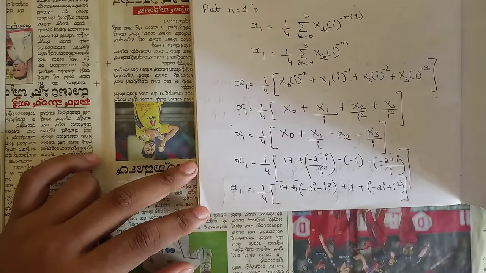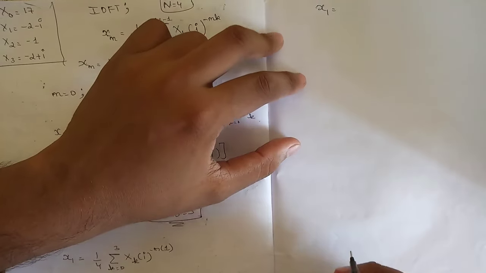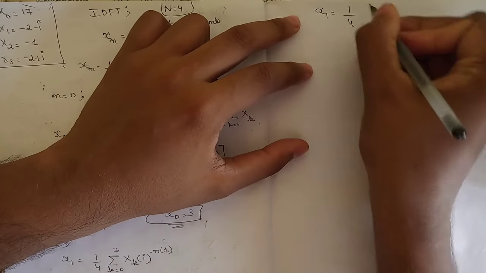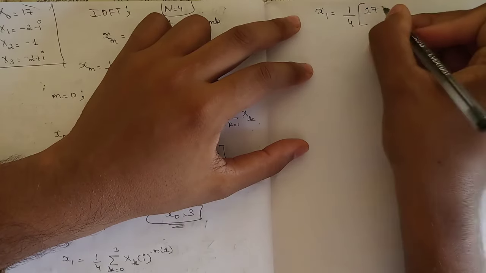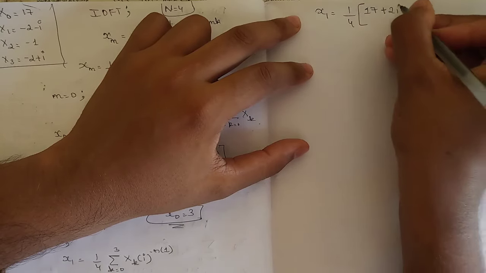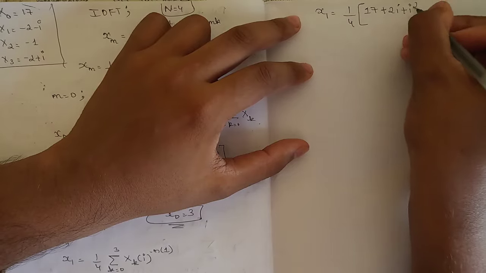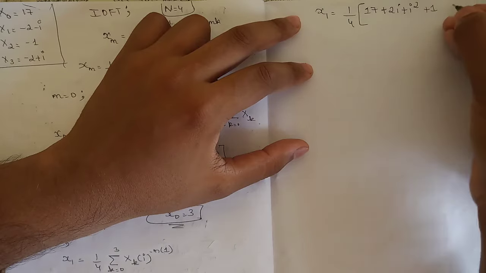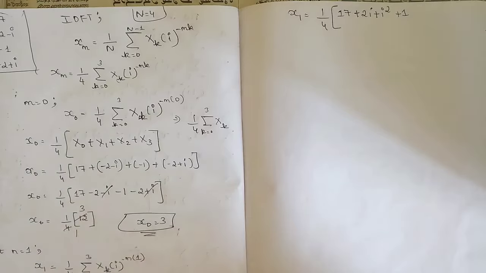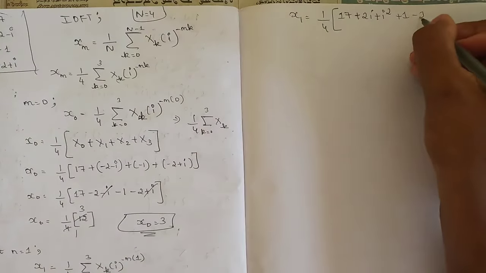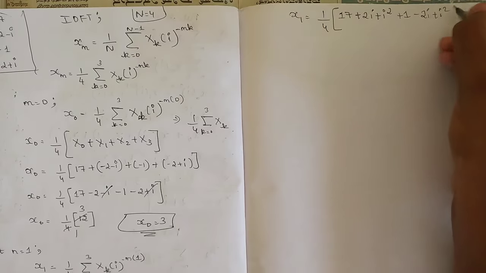Okay, so now we are going to simplify this. So now x1 would be 1 by 4 into 17. There is a minus sign outside, so minus into minus is plus 2i plus i square plus 1 again minus 2i plus i square.